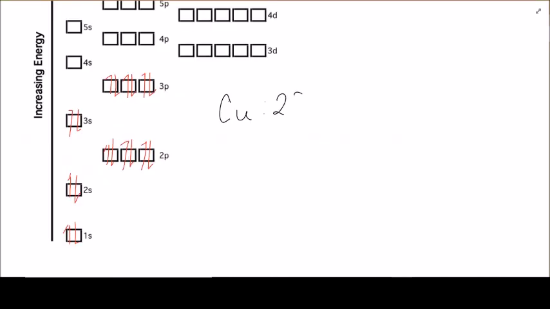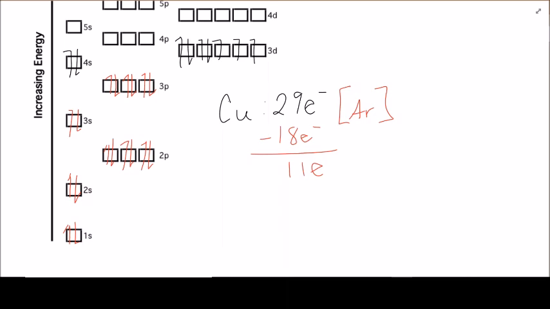Copper has 29 electrons, and argon has 18. So you're left with 11 electrons to fill. By putting in the 11 electrons, we have 1, 2, 3, 4, 5, 6, 7, 8, 9, 10, 11. So we potentially have a half-filled orbital here.